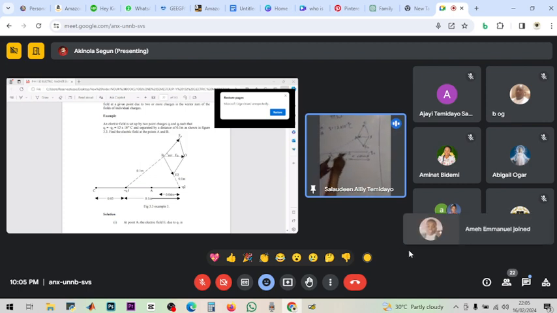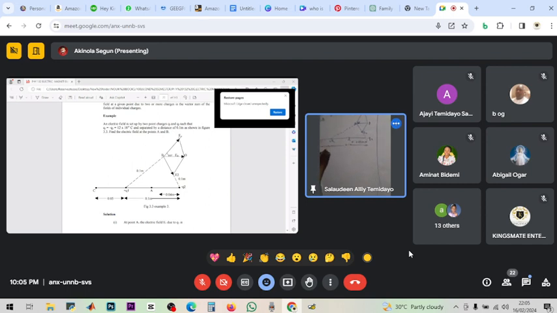From plus Q1 to A is going to be 0.1 minus this 0.04 meters.